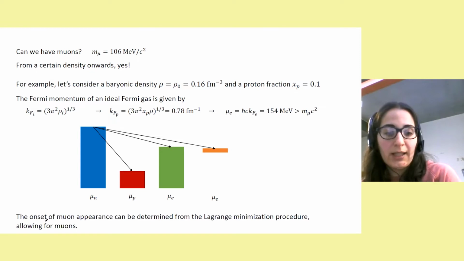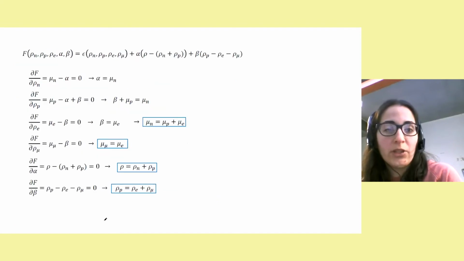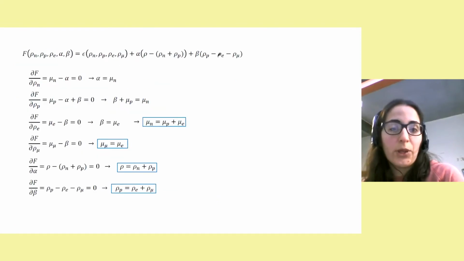And this onset for the appearance of muons in neutron star matter can be determined by the Lagrange minimization procedure that we were using. But now consider that we also can have muons. Now this function also depends on the density of the muons.